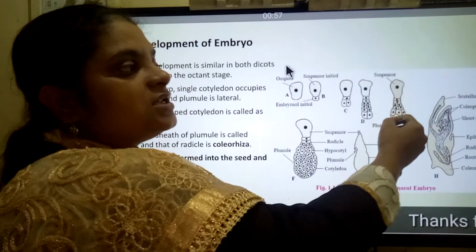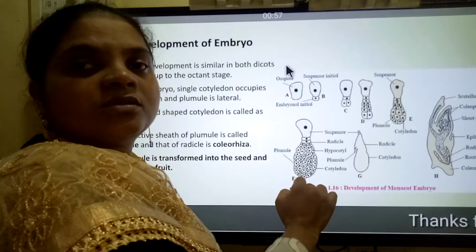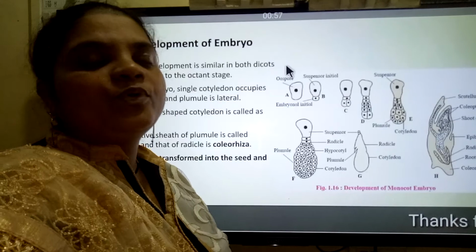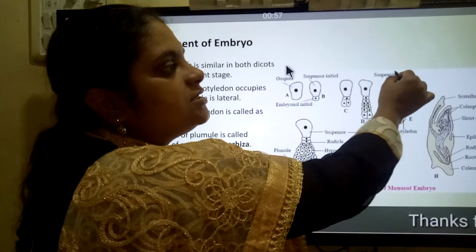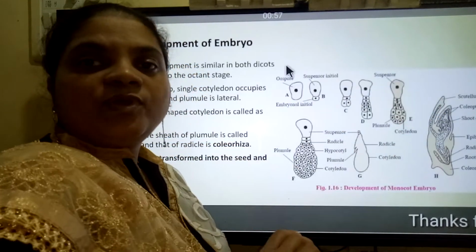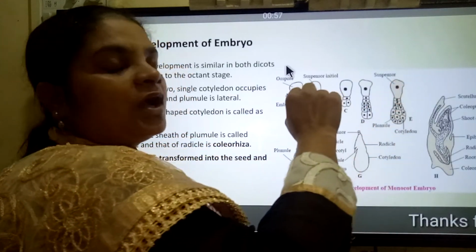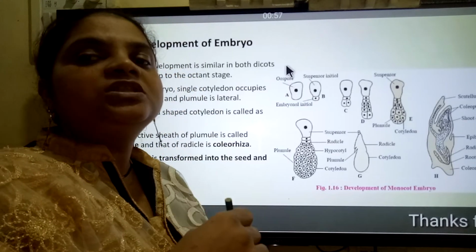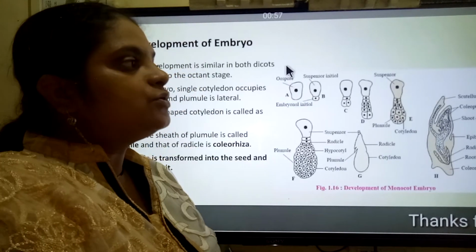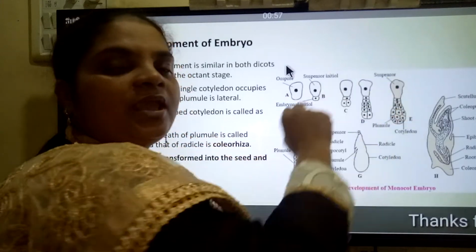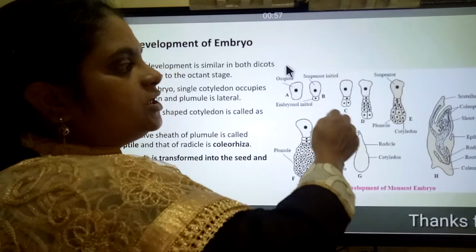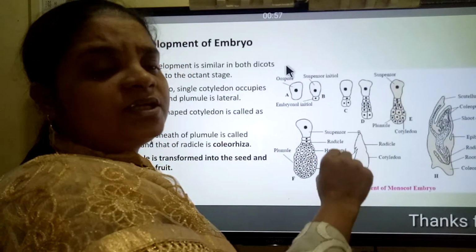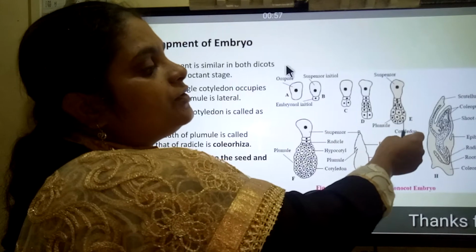At the chalazal end the terminal cell is thinner and is called the hypophysis. The suspensor is very important because it pushes the embryo into the endosperm. So this kind of structure we observe in the division of the suspensor.